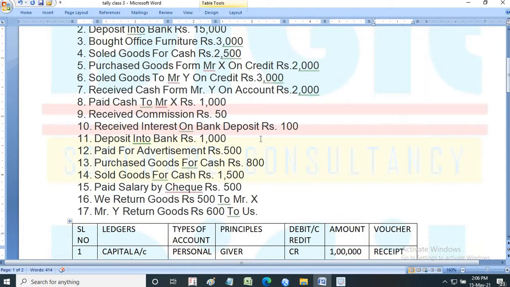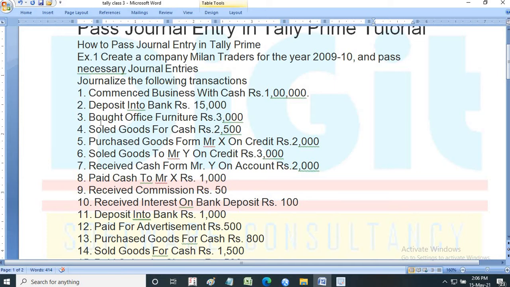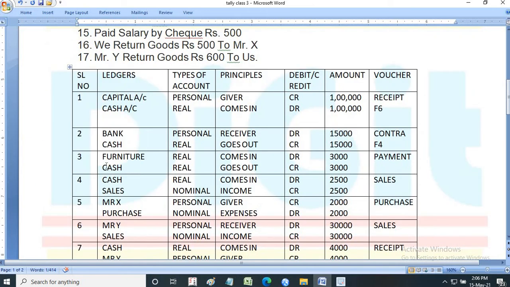Next, third transaction: bought office furniture for 3,000. Furniture is one account, and you bring it by paying cash only, because this is not a credit transaction and no party name is mentioned. So the ledgers will be furniture and cash. Furniture is a real account, cash is also a real account.